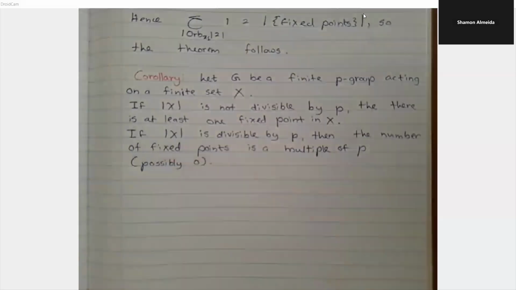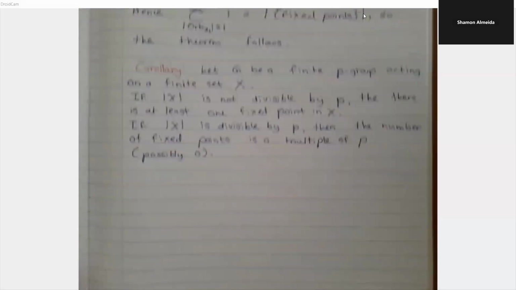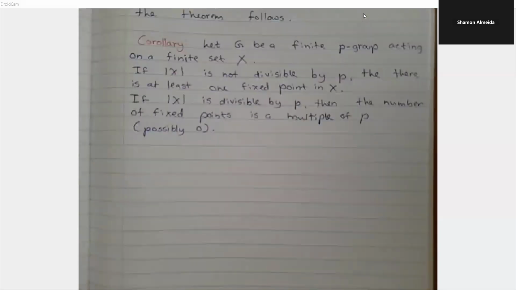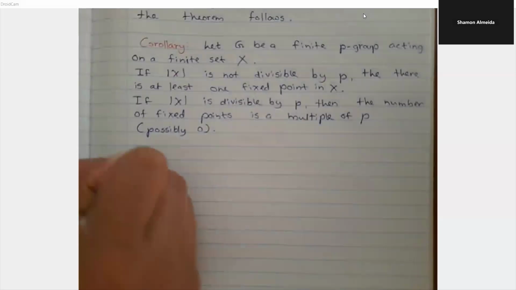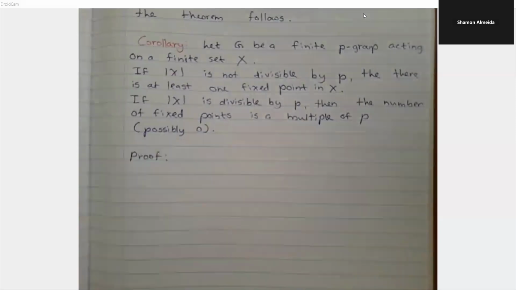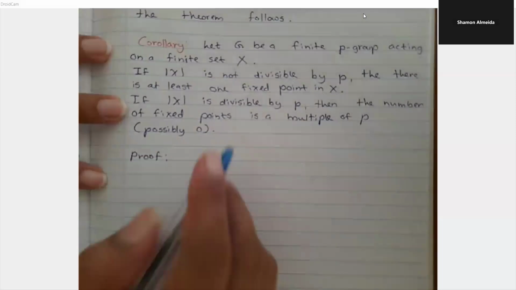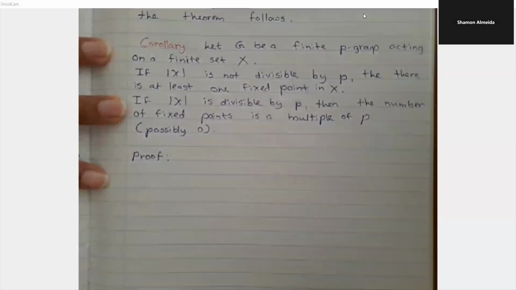Okay, let's get into the proof. Now you are given G to be a finite p-group, which is acting on another finite set X.